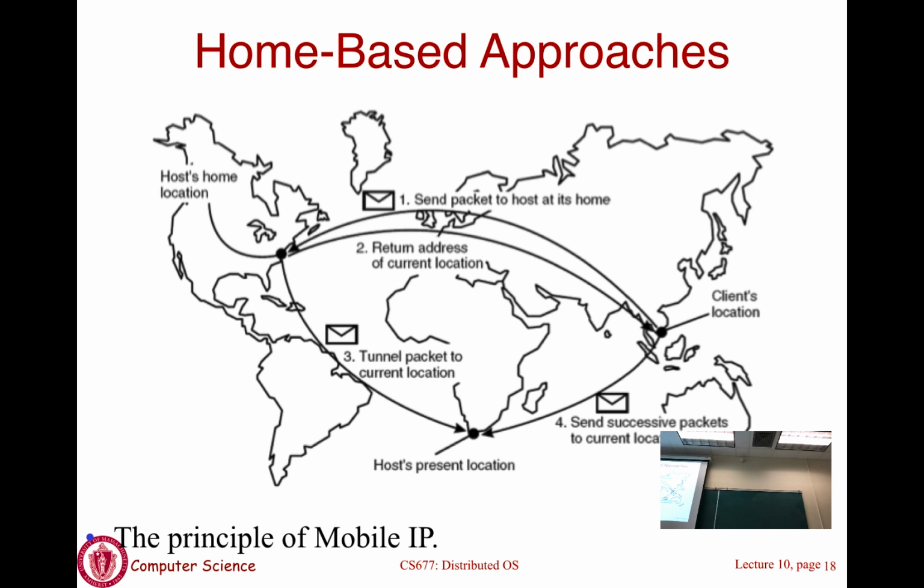Because you do have to remember that when you change networks, you might change the domain. In one case, you may be on the AT&T network, in the other case, you may be on the UMass network, and so on and so forth. These are different organizational units, but to make it seamless, you have a home location that's tracking where you are and telling anybody who wants to contact you where to go. That's basically what we have done.